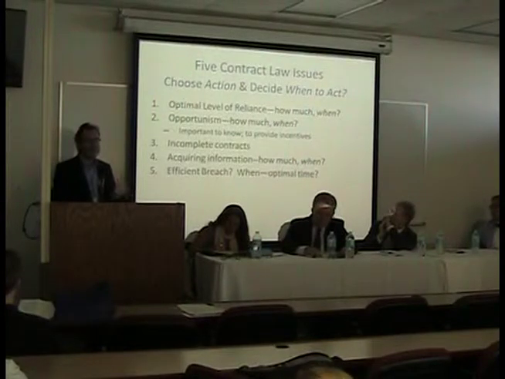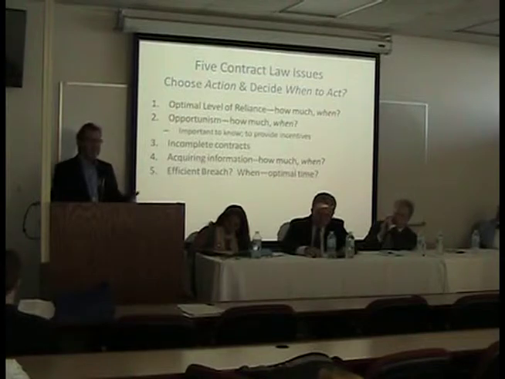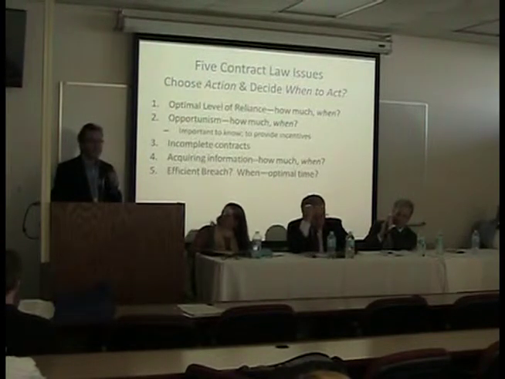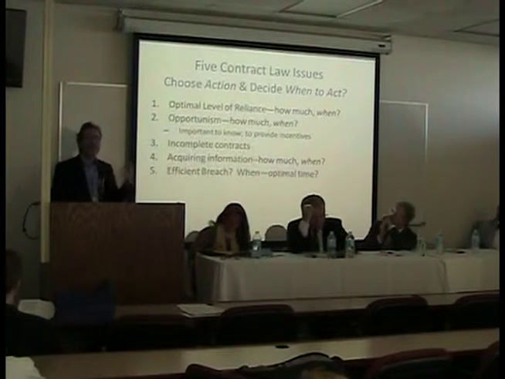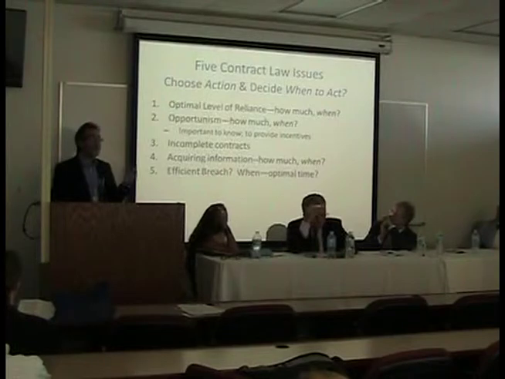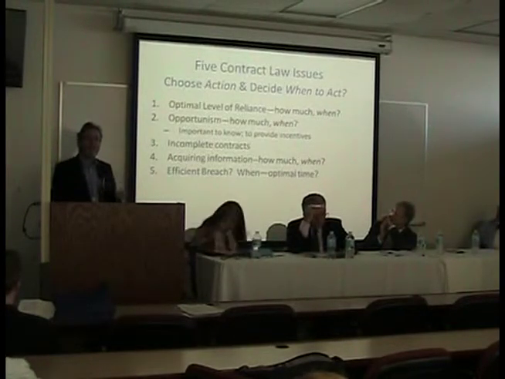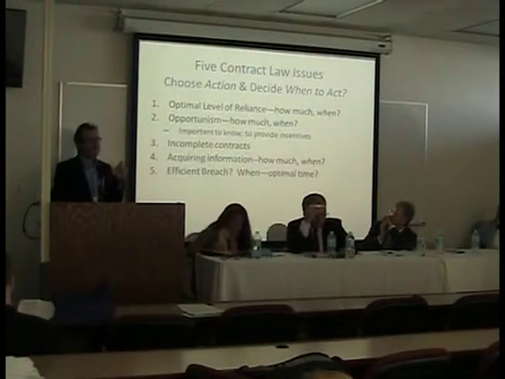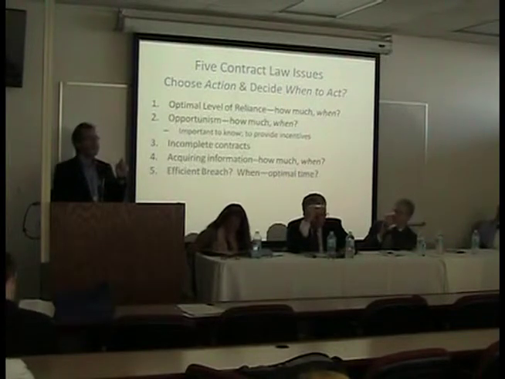Something that I've called nibbling opportunism. You may take nibbles each time saying, this is the last time I'll do this heinous act to my contract partner. You may leave contracts more incomplete, which I'll also leave aside, but you may also procrastinate acquiring information. Information is an investment. When you acquire information, you invest to get something in the future. And you may also procrastinate engaging in an efficient breach, okay?